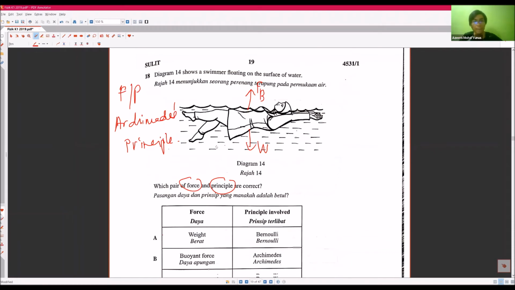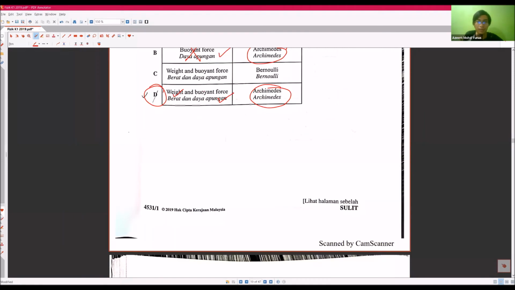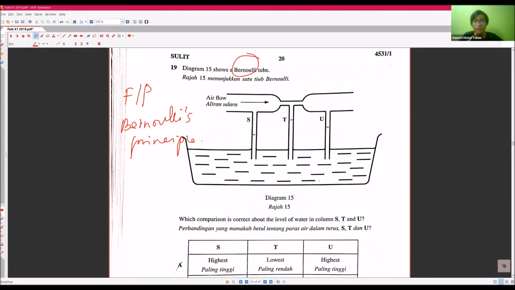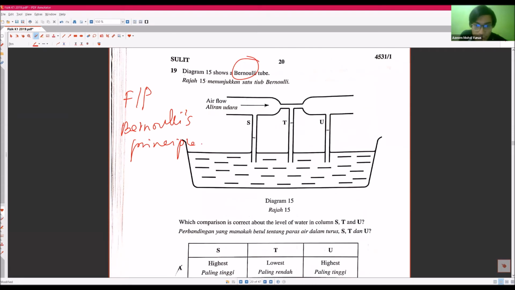Number 19, Bernoulli. We have the word Bernoulli in the question, so this must be the Bernoulli Principle. Which comparison is correct about the level of water in columns S, T, and U? Here the flow of air is slower, the speed is lower. Here the speed is higher. This one is lower than this one because of heat loss or energy loss.